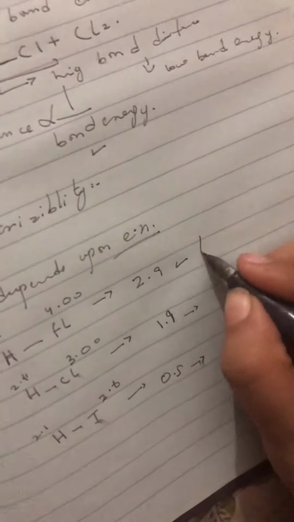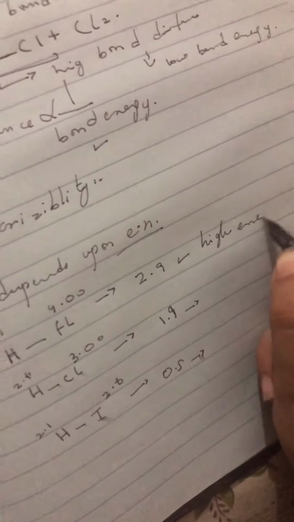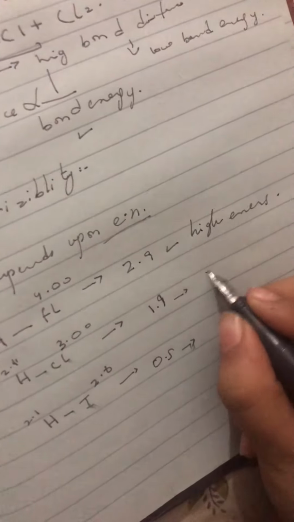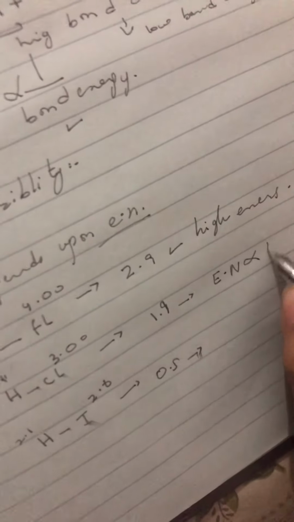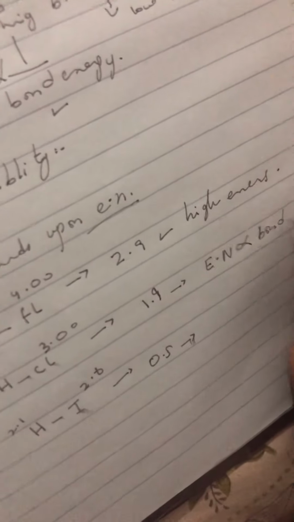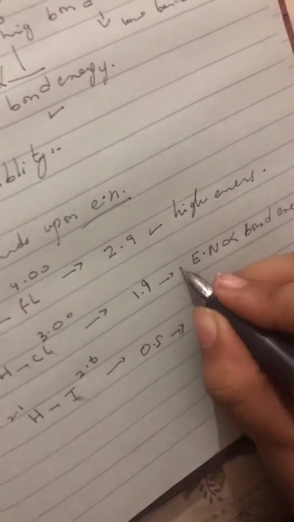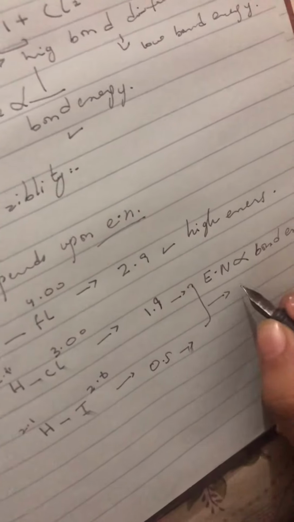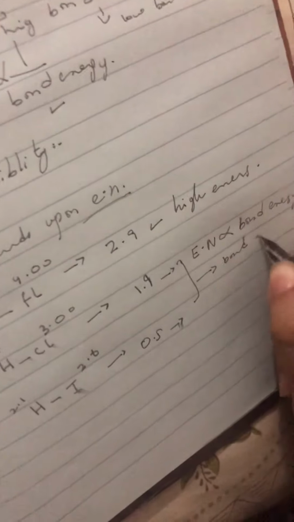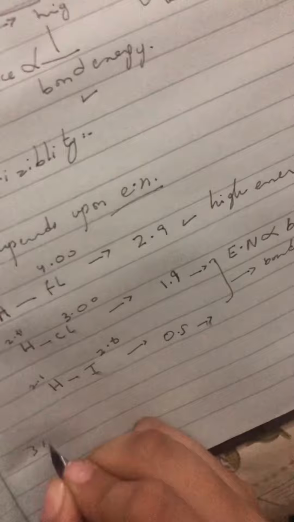So it will have high bond energy, which means the electronegativity of any molecule is directly proportional to the bond energy. If these both have less electronegativity, they will have less bond energy, right? So these were the two factors.